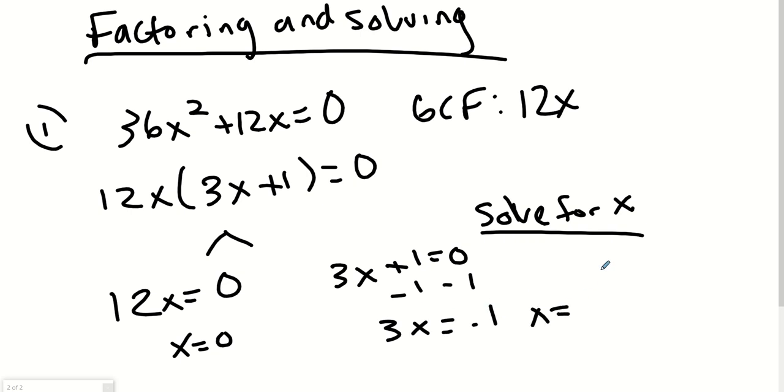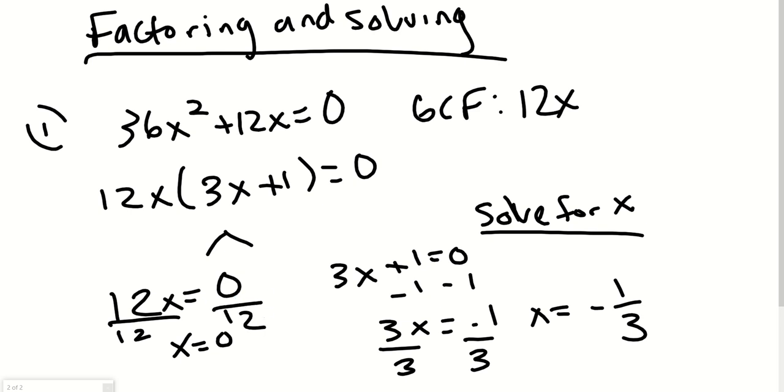So x equals negative 1/3, divided by 3. Here, let's go back to this one. What did we do to get 0? Well, we just divided by 12. 0 divided by 12 is just 0. So here we have x equals 0 and x equals negative 1/3.